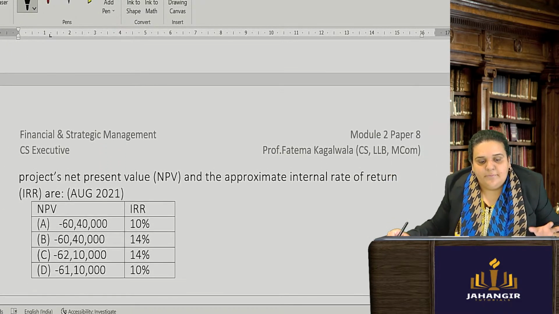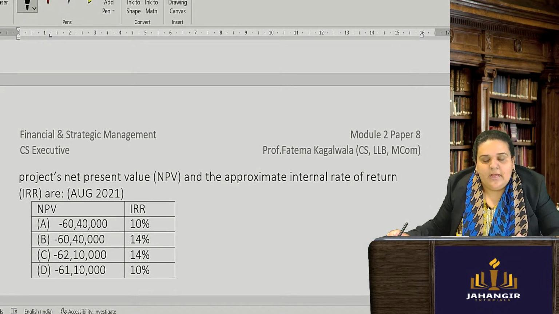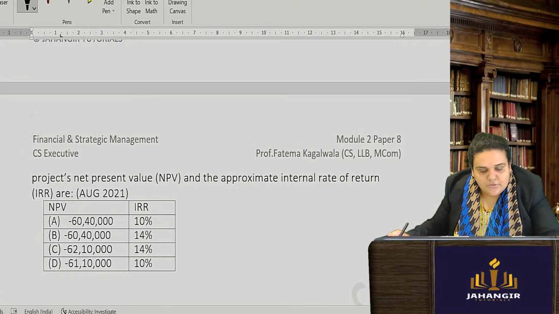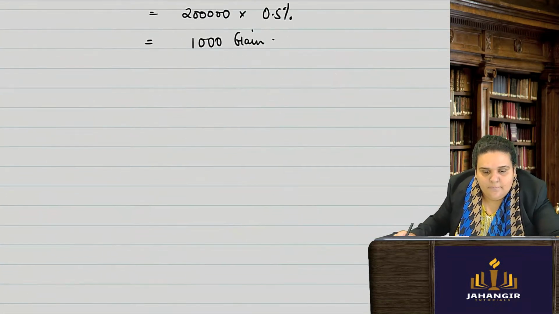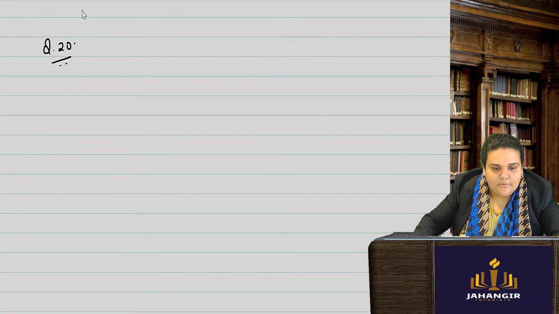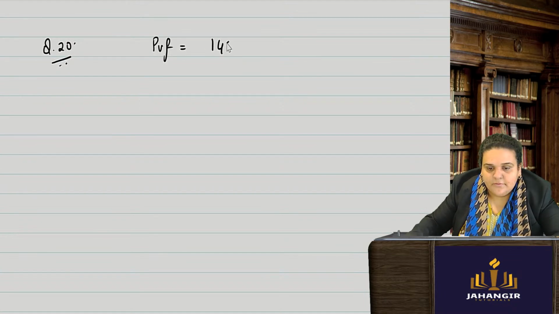They are asking for this project's net present value and the approximate internal rate of return, 2 things. Okay, so now question number 20. Annuity factor. Your PV factor is 14% for 12 years.